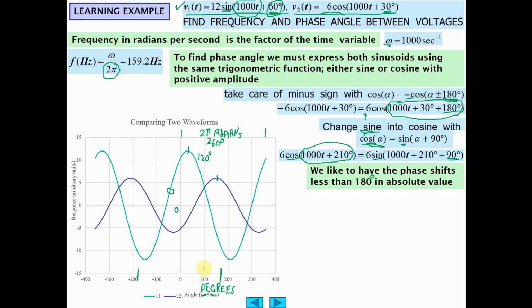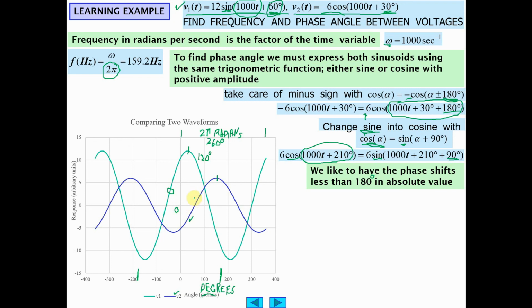So remember that we can subtract the 360 degrees. The sine of theta is equal to the sine of theta minus 360 degrees. And does that make sense? Yes, it does. Take a look. We're considering V2, the blue line right here.